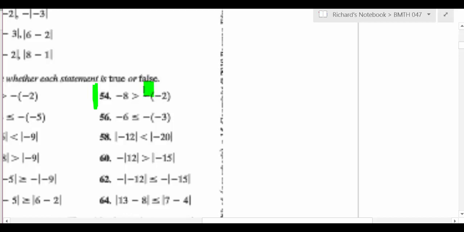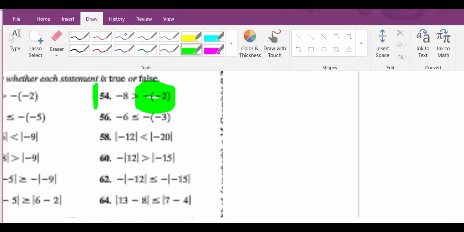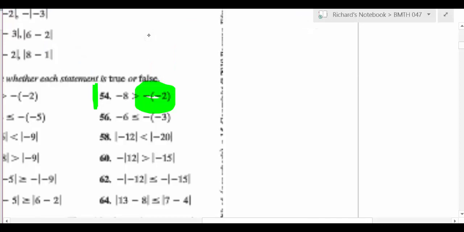The thing I want you to notice here is you've got a double negative. In the text, they talk about the double negative rule. I didn't actually go over that. Essentially, if you have a double negative, it takes whatever the number or variable is and makes it positive.